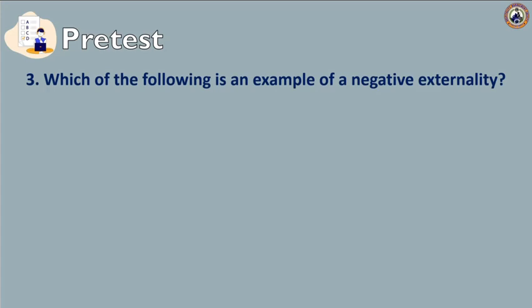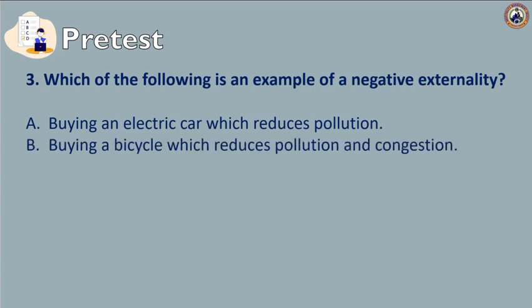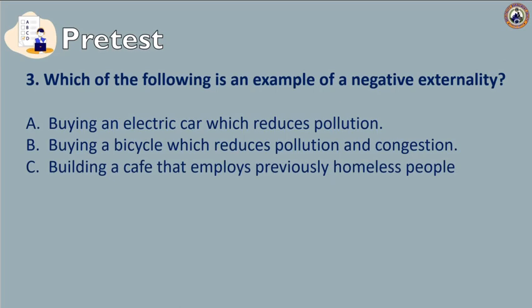Now let's proceed to question number 3. Which of the following is an example of a negative externality? A. Buying an electric car, which produces pollution. B. Buying a bicycle, which reduces pollution and congestion. C. Building a cafe that employs previously homeless people.